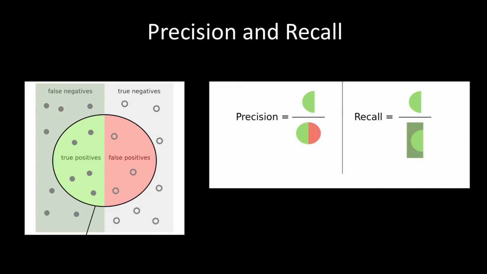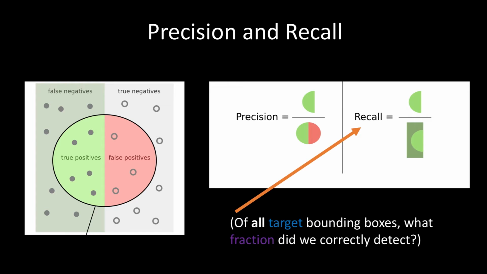For the second key metric, which is recall, we take the true positives and divide them by the true positives added with the false negatives. So we essentially divide by just the total number of target bounding boxes, and the numerator is just the number of correct bounding boxes that we predicted. So in words, this means of all of the target bounding boxes, what fraction did we correctly detect?